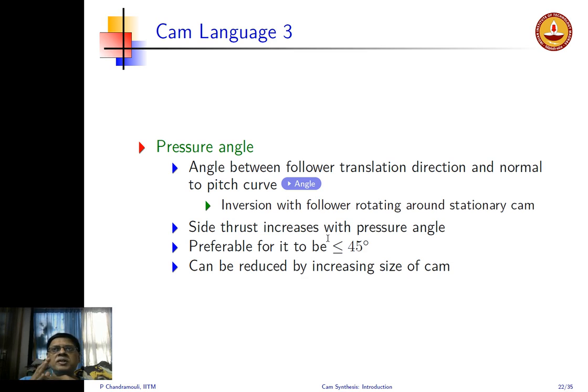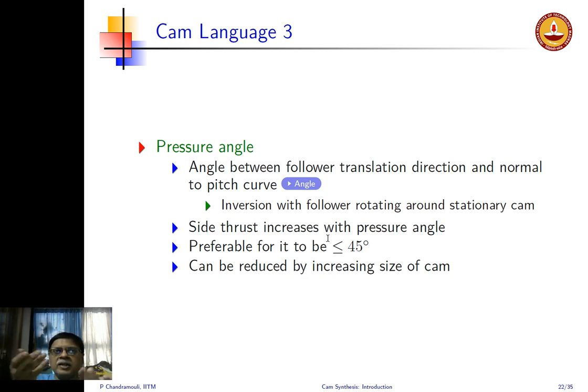So we have to guard against that. You may not know at this stage what bearings are, but the translation cannot happen independently. It has to slide in a bush. So when I have a side thrust acting on that bush, the follower can get jammed against the bush housing. We want to prevent that. So the normal guideline here is that the angle should be less than 45 degrees.